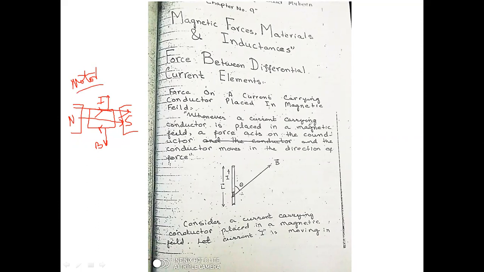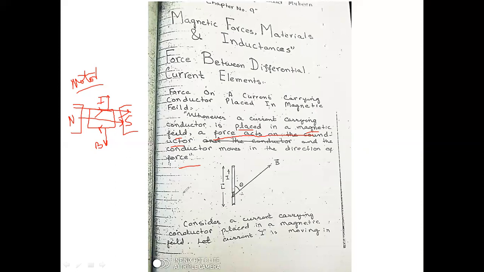So whenever a current carrying conductor is placed in a magnetic field, a force acts on that conductor. It will experience a force, and the conductor will move in the direction of the force.